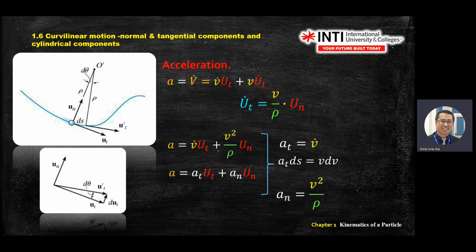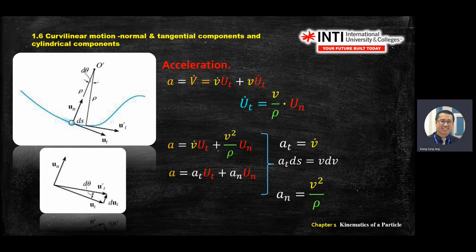Then the equation a equal to v dot ut plus v squared over rho, this is your rho, the r, un. Memorize this one.